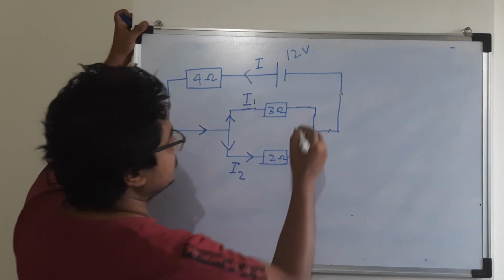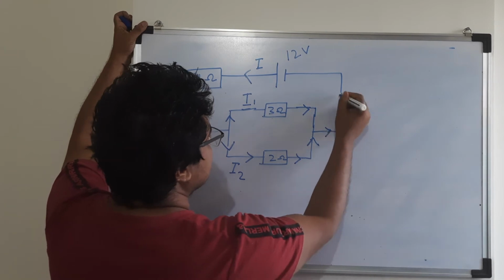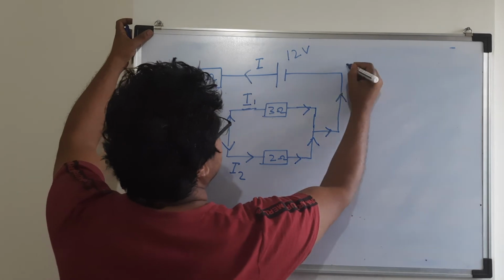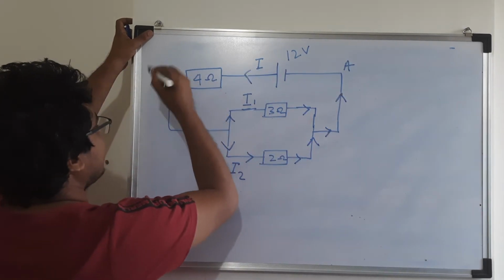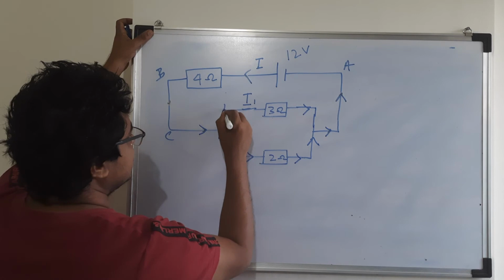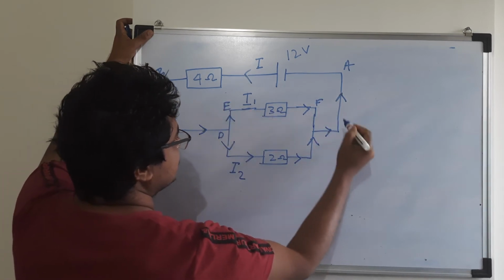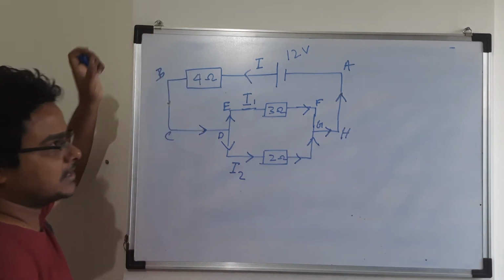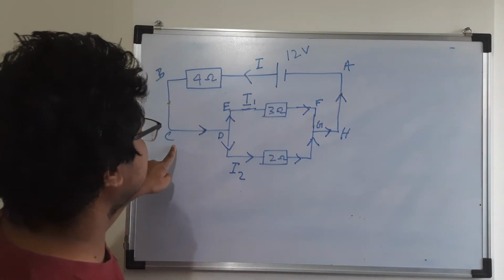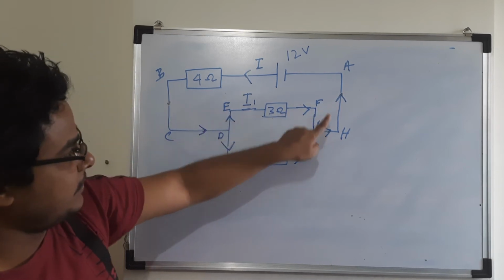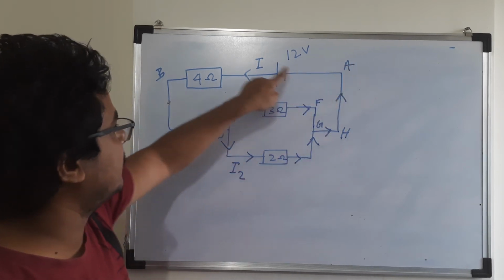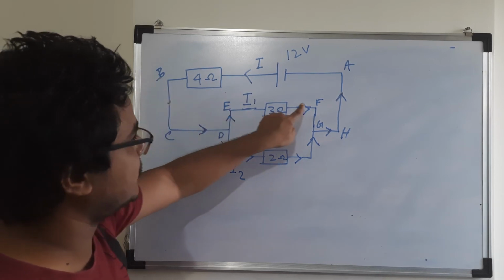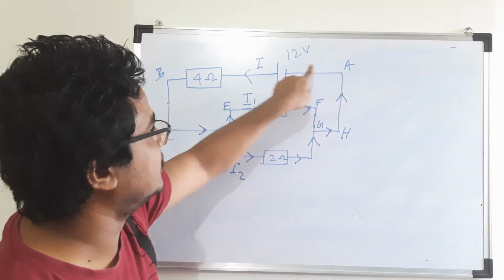So you get this and then this and then here again I. Let us name it, for example, as A, B, C, D, E, F, G and H, something like this. You can see the cycle. So A, B, C, D, E, F, G, H, A. The inner loop, you see this inner loop, goes like this, and then this, then this. This is the loop.